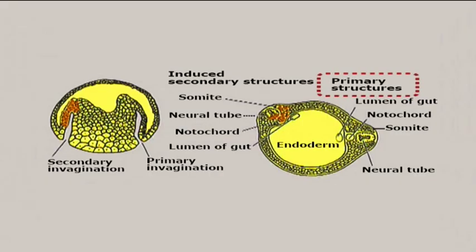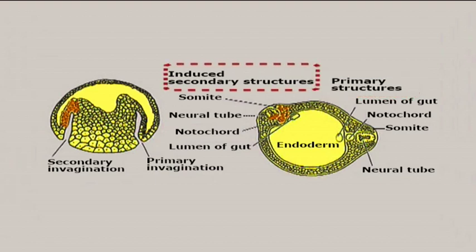As gastrulation continues, the different organ systems of the embryo are laid down under the power of the primary organizer, and they themselves then obtain the influence of inducing later formed structures to develop.